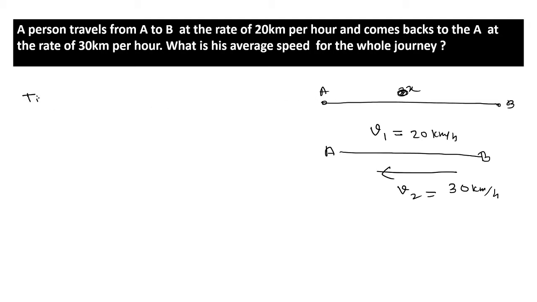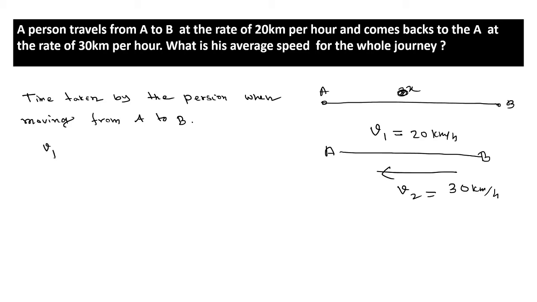I'm writing here: time taken by the person when moving from A to B. We know the velocity is v1, and the distance is x. Let us consider this time is t1. Then t1 will be x by v1.